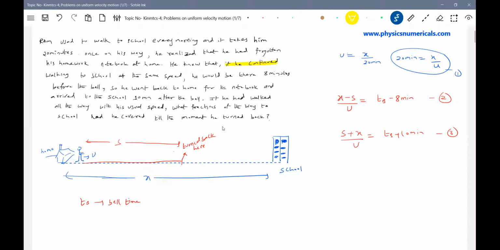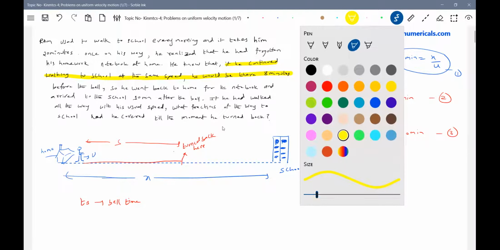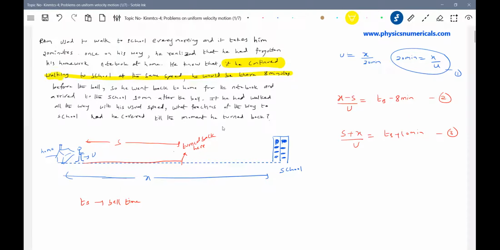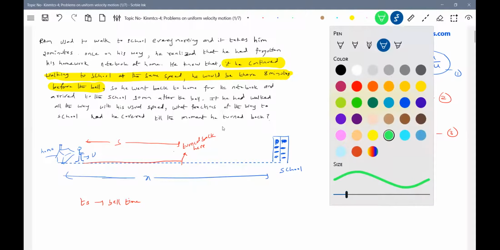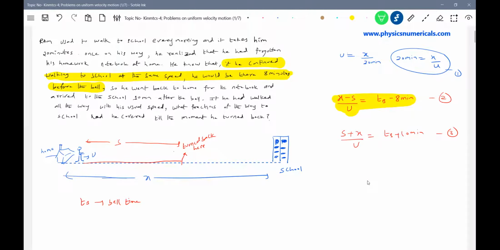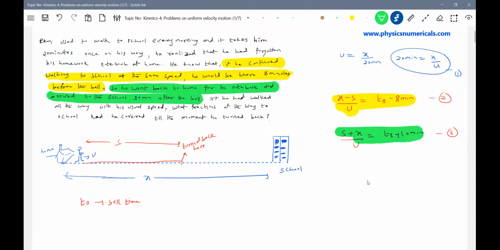If he continued walking to school at the same speed, he would have been there 8 minutes before the bell, corresponding to this. Then he went back home for the notebook and arrived at the school 10 minutes after the bell.